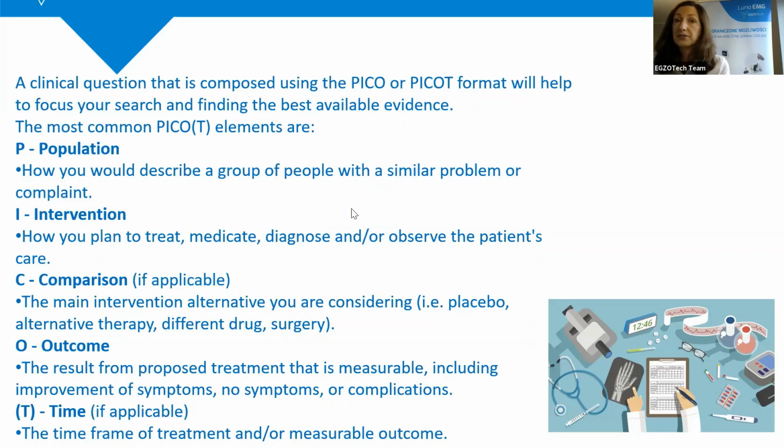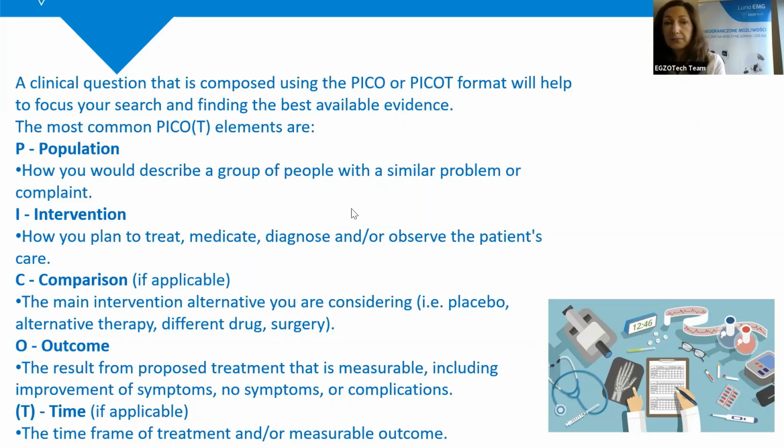C for comparison. Of course, it depends on the type of research. So if we want to compare between the groups, then the main intervention alternative you are considering. So if we are comparing the intervention or non-intervention, or we compare one intervention to another one.